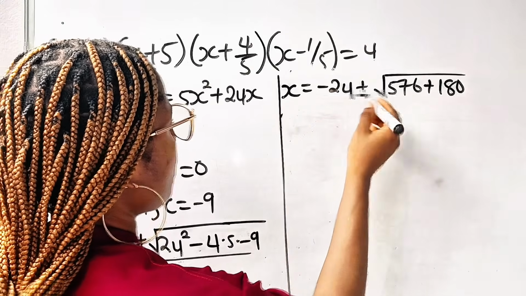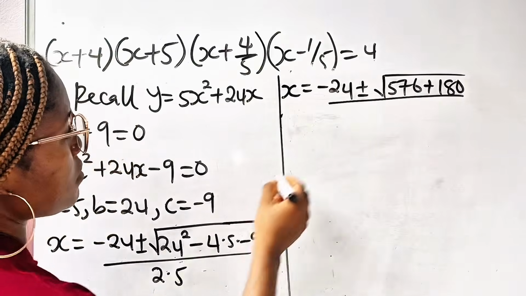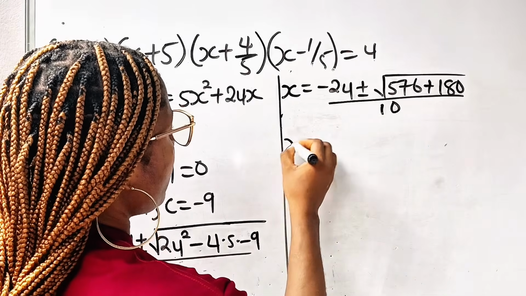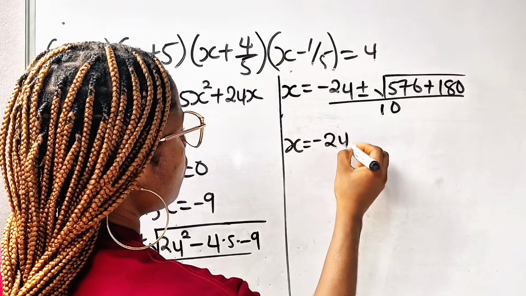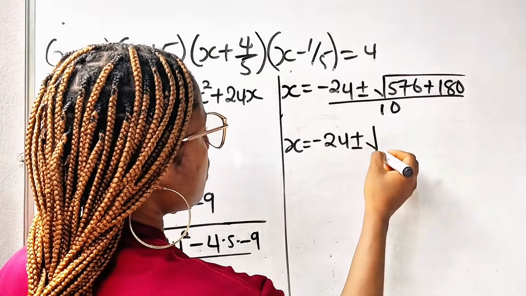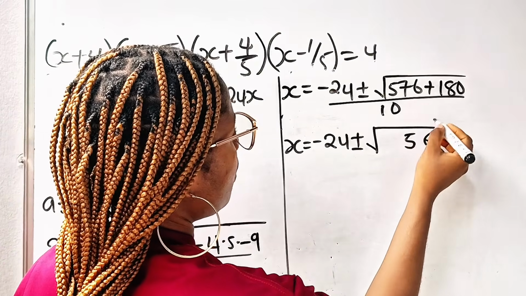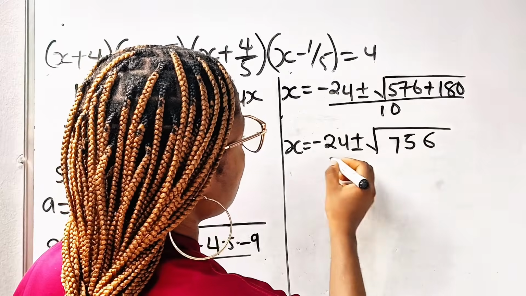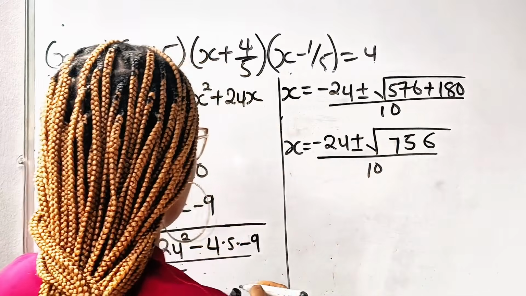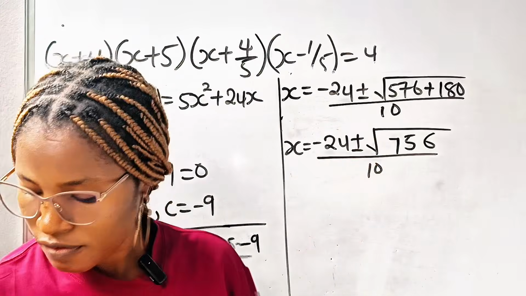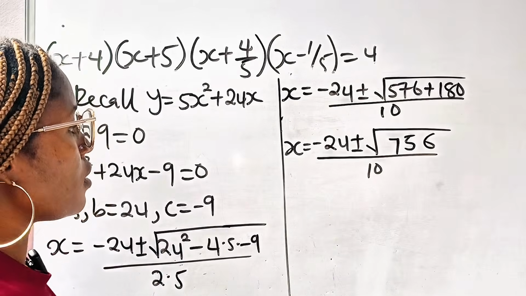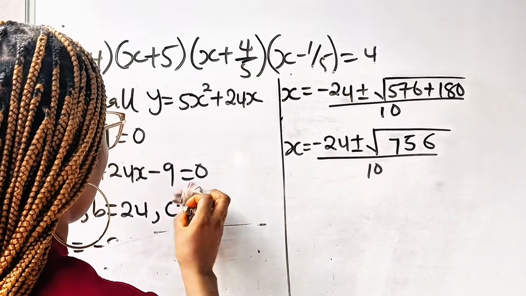Everything divided by 2 times 5, which is 10. So we have x equals minus 24 plus or minus square root of 756 divided by 10. Okay, now looking at 756, I can actually say this is the two numbers that will multiply.